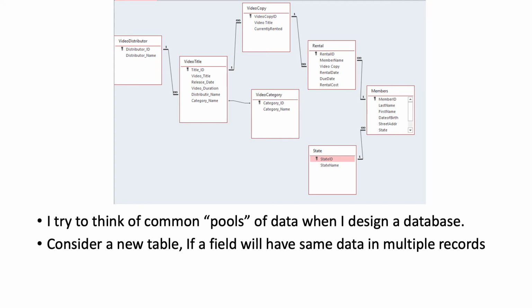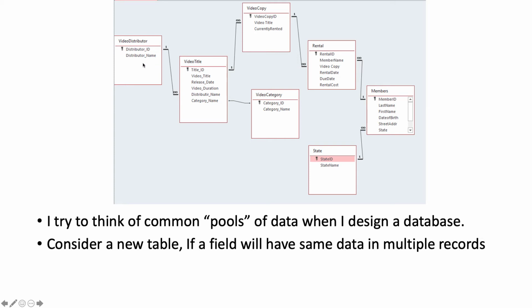Consider a new table if the field will have the same data in multiple rows. So if you're over here and you find yourself entering distributor name multiple times as you put in different video titles, and you're having to type a long, big name, that's kind of an idea that says, maybe I ought to have that all consolidated. And particularly if you have the video distributor's name and the video distributor's telephone number in video title, you'll never keep the telephone numbers uniform.